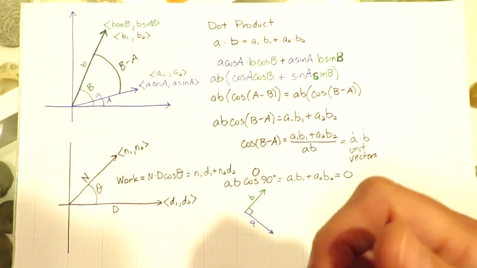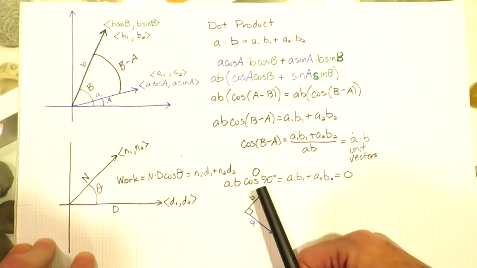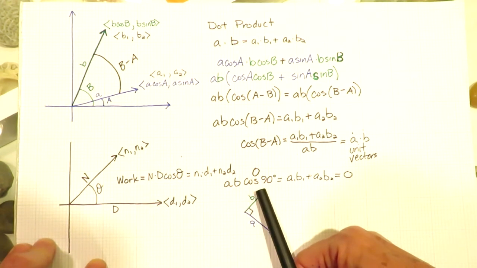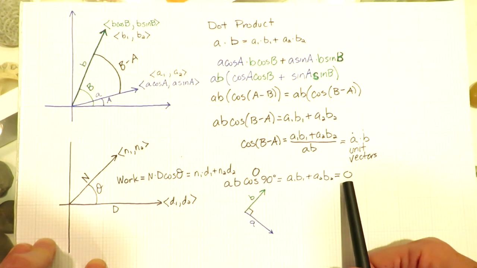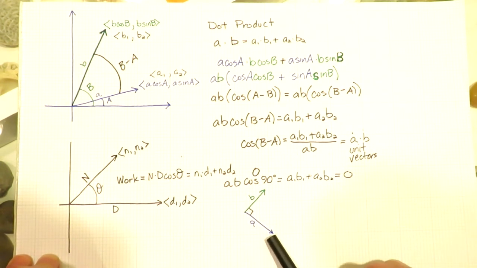So this product of taking the lengths and multiplying it by cosine of the angle in between will yield 0. So that's a way to tell whether or not two vectors are perpendicular. If their dot product is 0, you know the vectors are perpendicular.